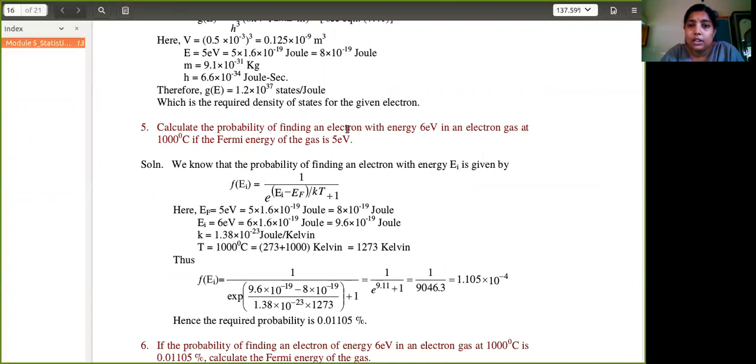Probability of finding an electron with energy 6 electron volt, that means Ei will be 6 electron volt converted to joules. EF is the Fermi energy, which is 5 electron volt converted to joules. K is the Boltzmann constant. T is given as 1000 degrees centigrade converted to Kelvin. And put them in the formula, you will get the required probability.